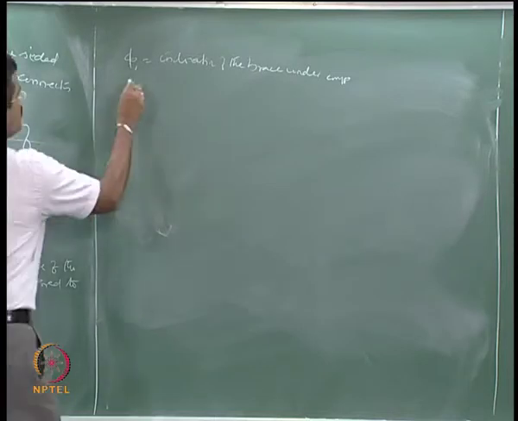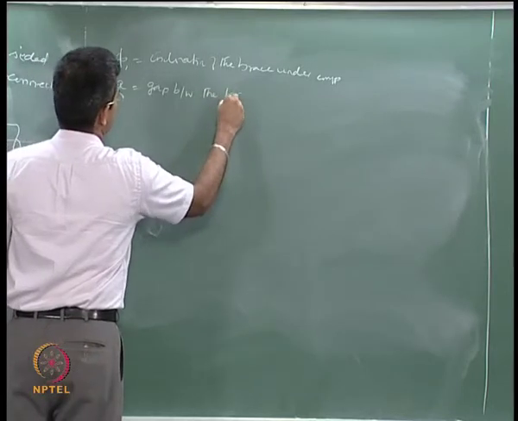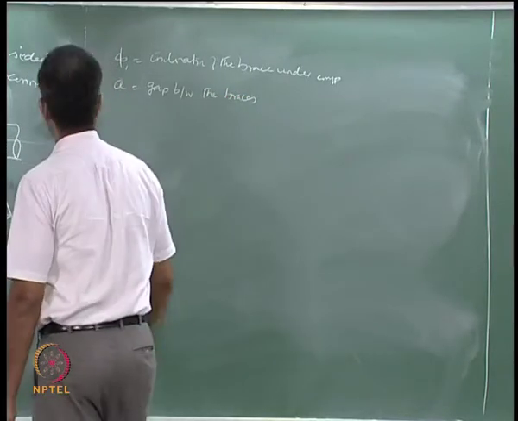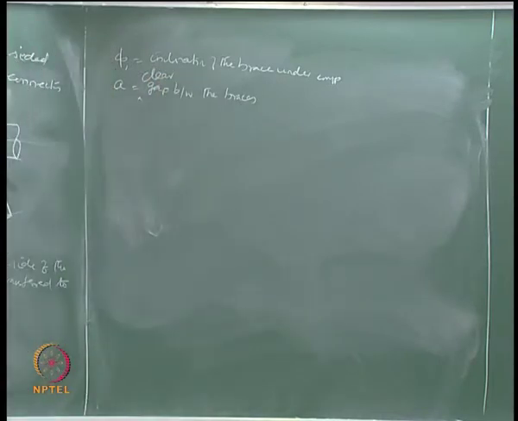A is the gap between the braces. Some literature says this has a clear gap also, you can do it either way. It is a clear gap between the braces, okay, this is A.